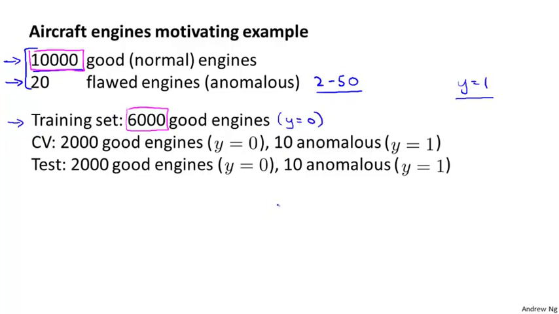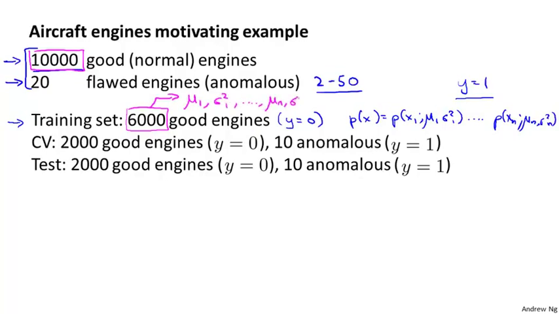We would use this to fit P of x, which is P of x1 parameterized by mu1, sigma squared 1, up to P of xn parameterized by mu n, sigma squared n. So it would be these 6,000 examples that we would use to estimate the parameters mu1, sigma squared 1, up to mu n, sigma squared n. That's a training set of all good, or the vast majority good, examples.